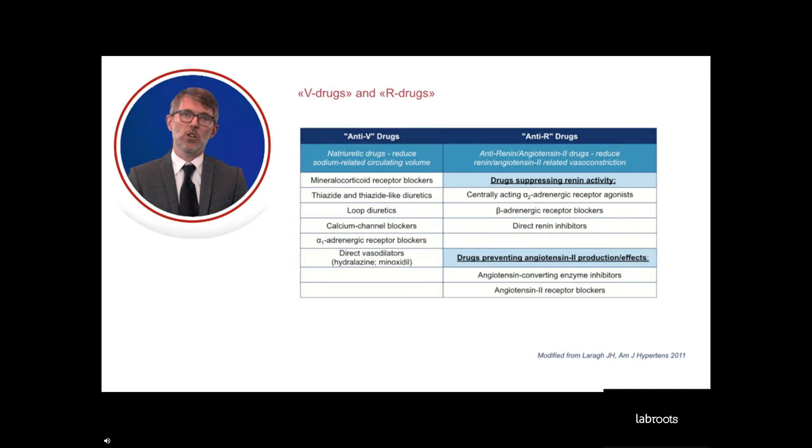And so John Laragh divided the potential therapy into two groups, V drug and R drug. V is for volume, R for resistance. So for example, V drugs are diuretics and calcium channel blockers, and R drugs are beta blockers, ACE inhibitors, and ARBs.